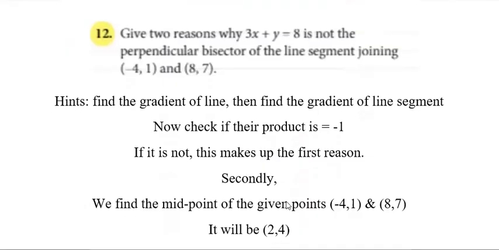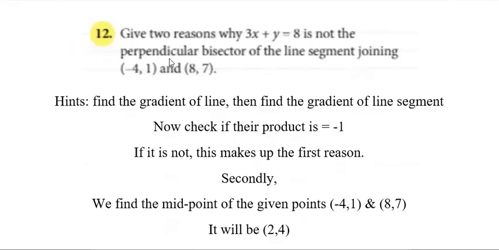Question number 12, I will give you hints to do the first part. So find the gradient. It is asking you to give two reasons why it is not a perpendicular bisector. This line is not the perpendicular bisector of another line. So one line equation is given, the other line coordinates are given.